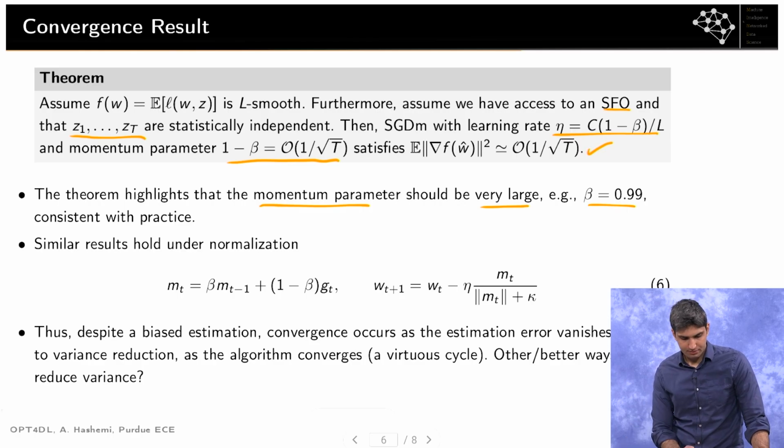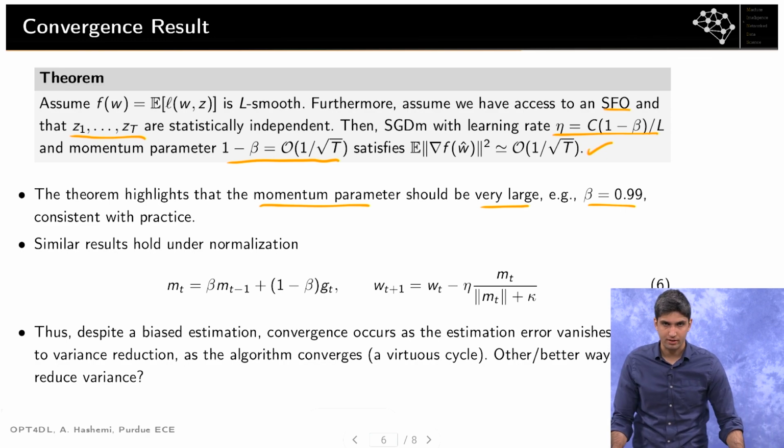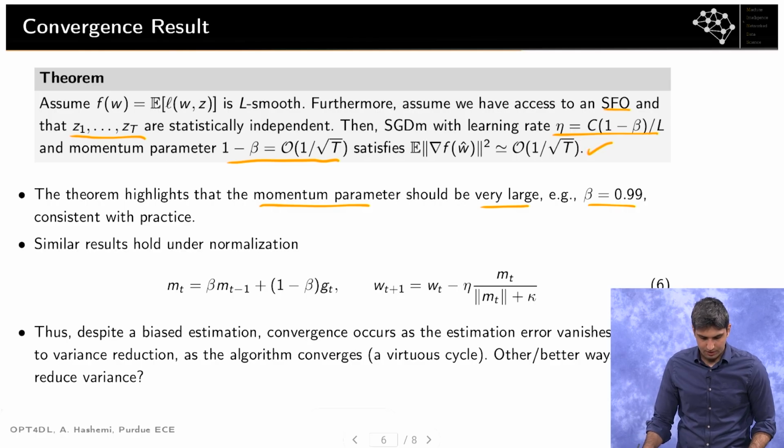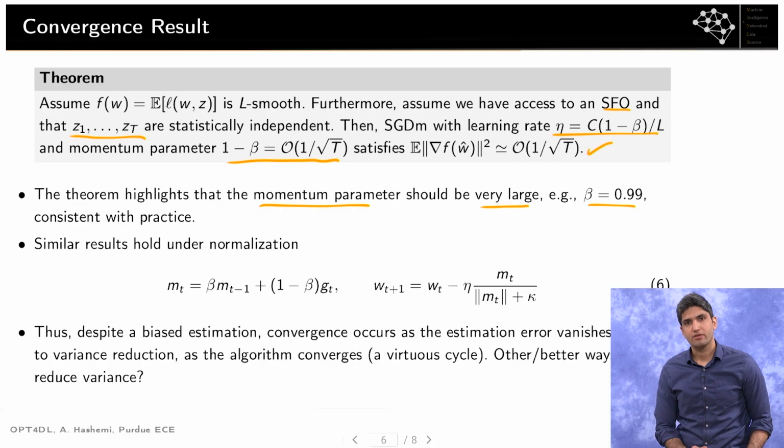Now, another remark is that we talked about normalization in class before, and the nice property of normalization that leads to stabilizing the training in many cases. So we can actually establish a similar result for normalized SGD with momentum.